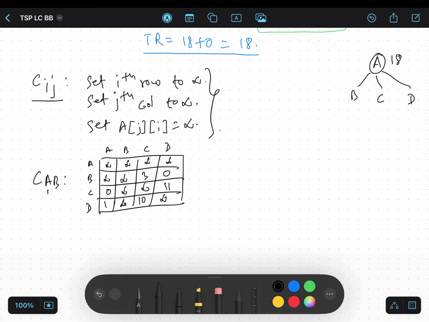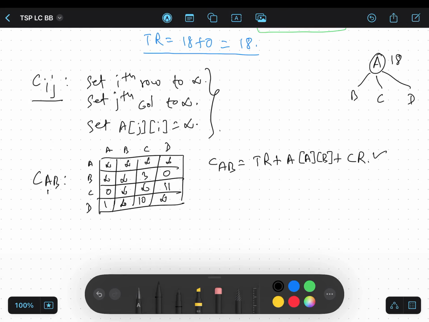Now what we need to do is to calculate the path from A to B. CAB is going to be total reduction plus value at AB plus current reduction.